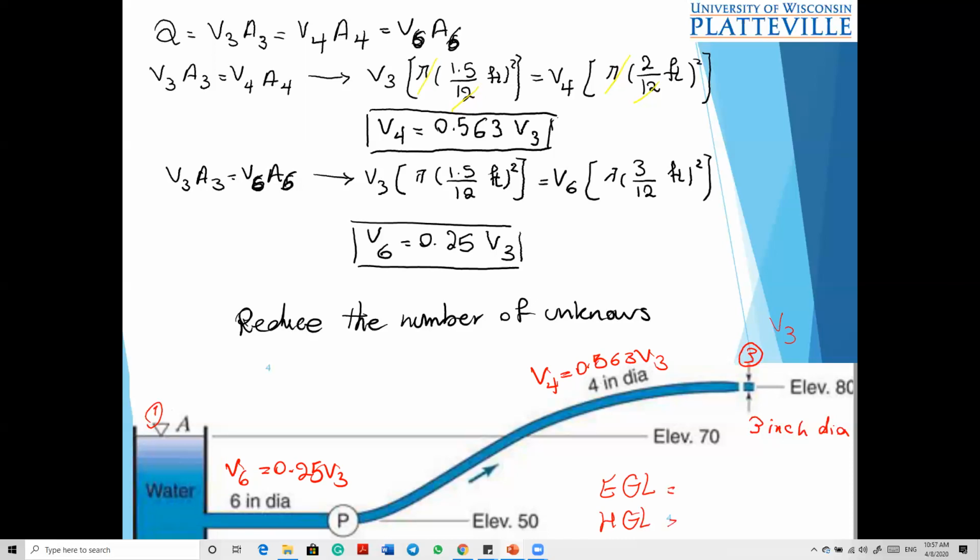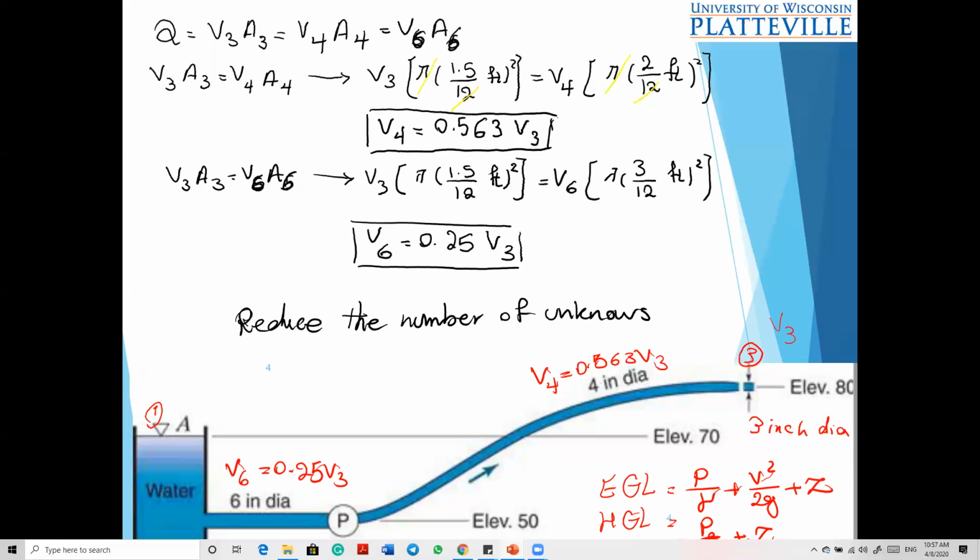We know from previous lectures, EGL is pressure head plus velocity head plus elevation head. And if we just subtract velocity head, we have the hydraulic grade line, right? So we need to know the pressure, we need to know the elevation, and we also need to know velocity.